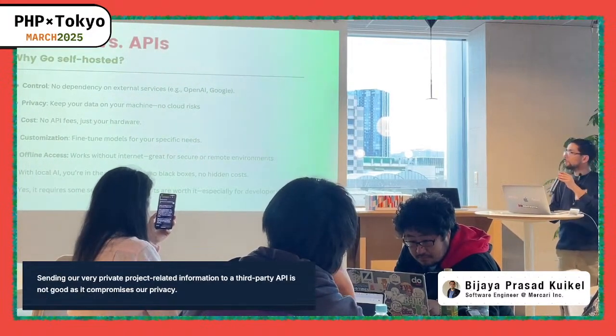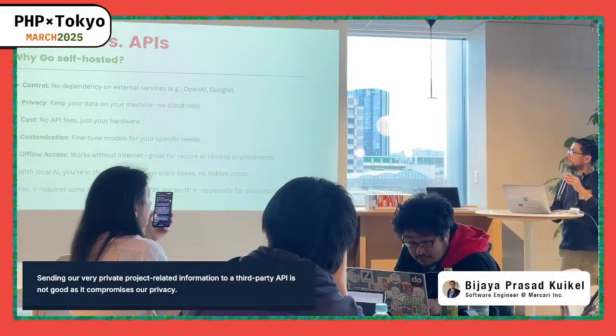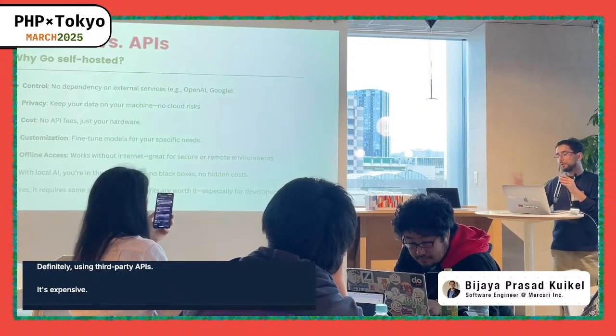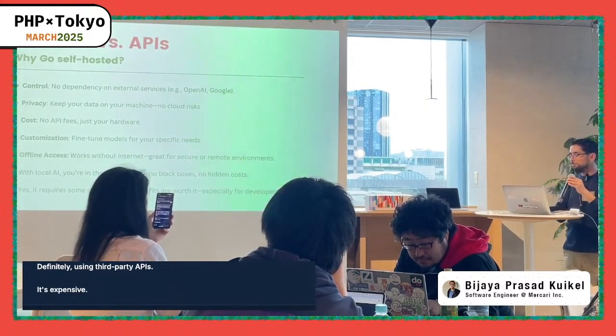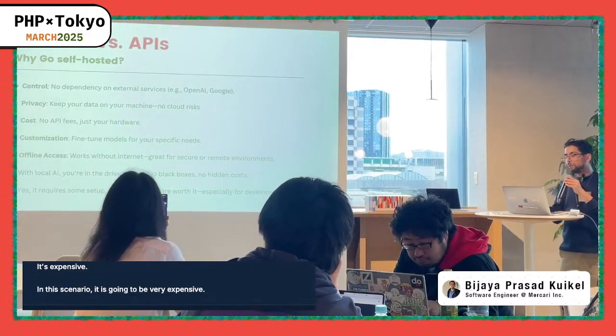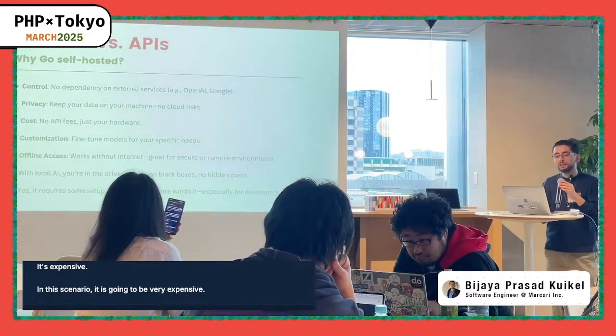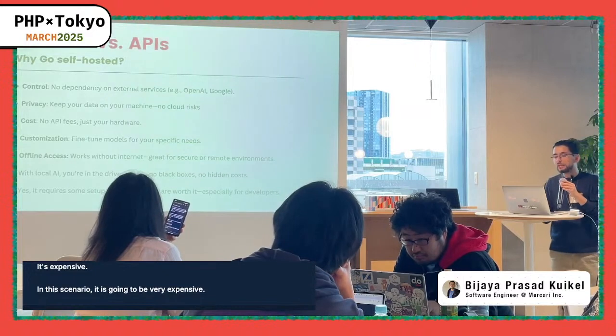The next one is cost. Using third-party APIs is expensive, and if you want to use them for very intense scenarios, it is going to be very expensive. So local RAGs, self-hosted LLMs or local AI can definitely help in saving cost. Next, we can easily customize the models as per our need.